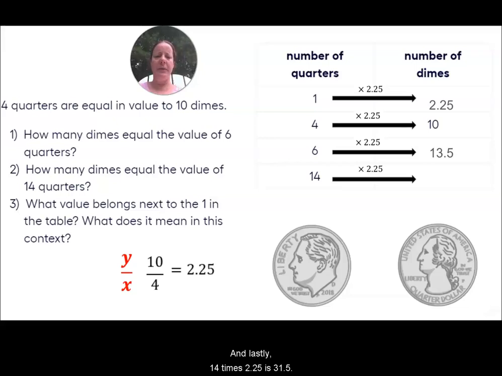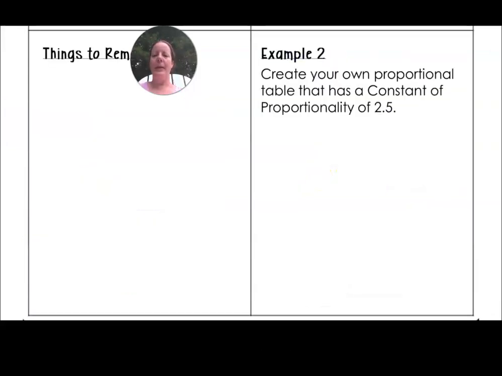And lastly, 14 times 2.25 is 31.5. Our constant of proportionality is 2.25 because that is the number on our arrows, and it's the same through the whole table. That means that in the end, to make 14 quarters equal in dimes, the same value, I would need 31.5 dimes to equal the value of 14 quarters.